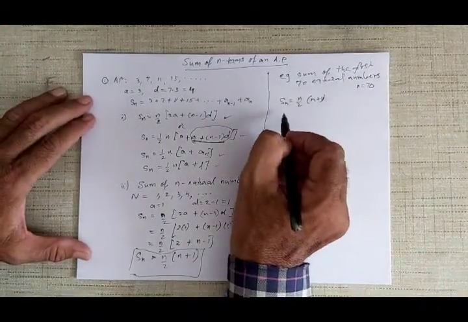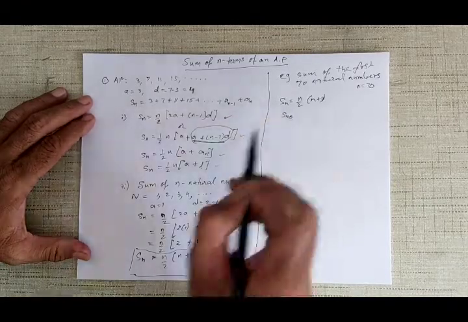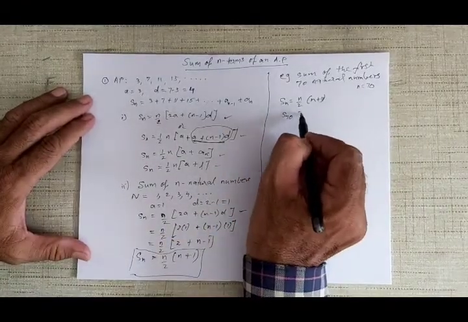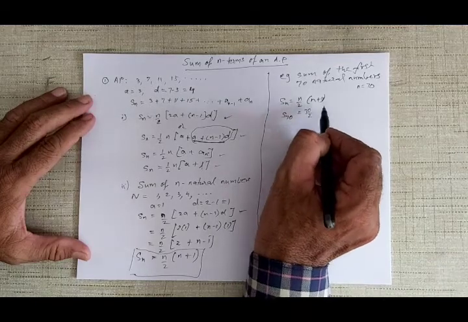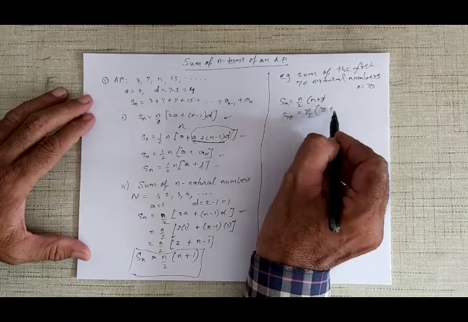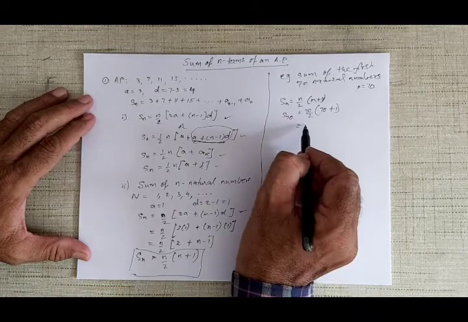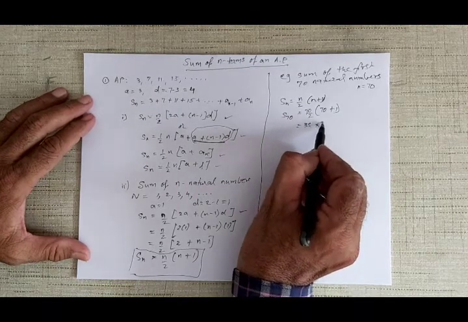So if n is equal to 70, then S of 70 is equal to 70 upon 2 into bracket 70 plus 1, 71. 70 upon 2 is 35 into 71.